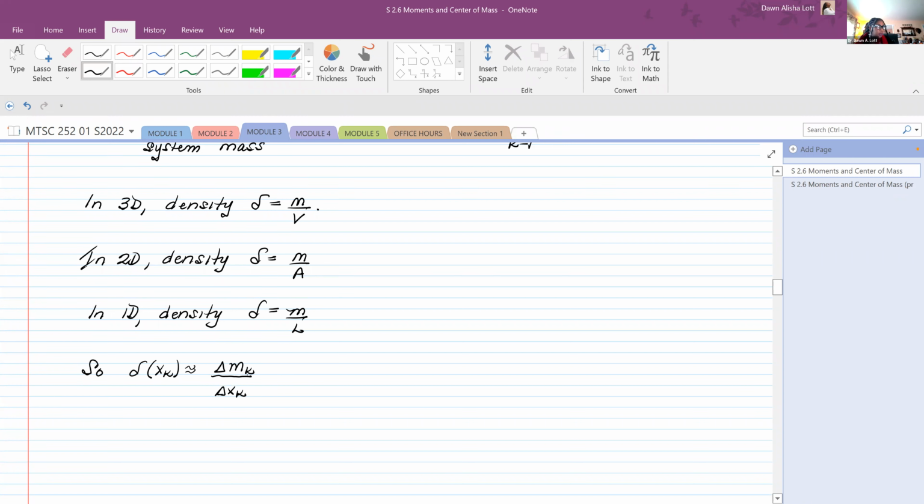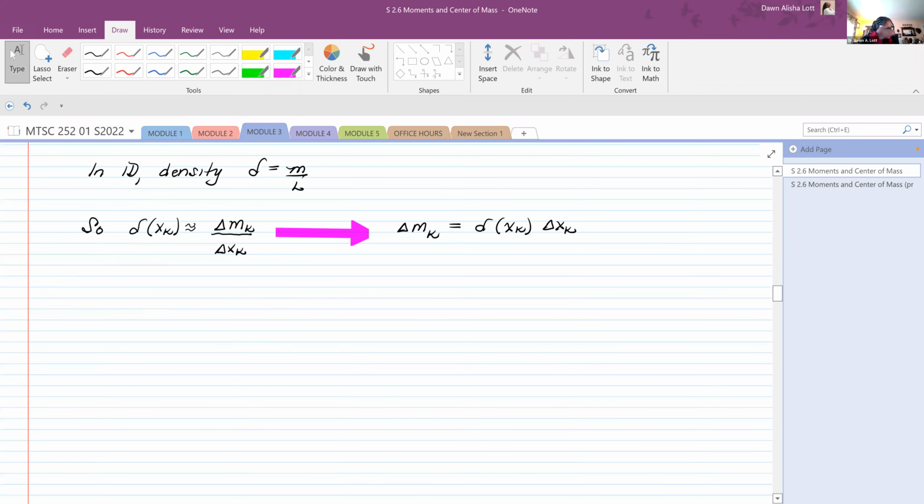So that now helps me see that I can define my density in terms of my mass, or my mass delta mk is going to equal the density at xk times delta xk. All right, so now I'm going to stick that into my sum.